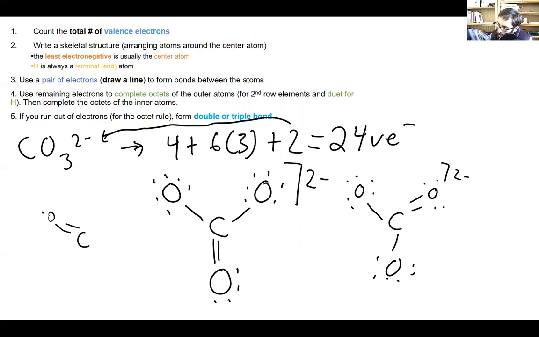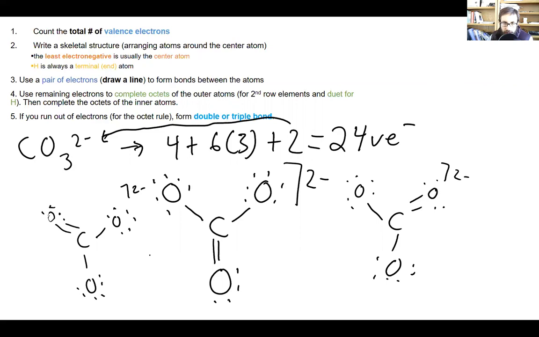So that would be something like that. All 3 of those Lewis structures are actually valid.